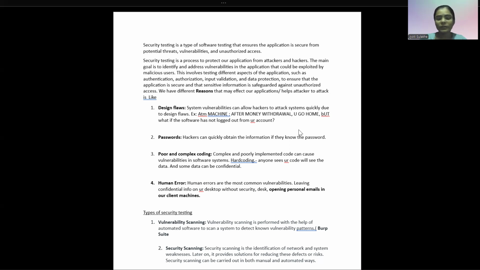Sometimes humans make mistakes, like opening personal emails on client machines or any other machine. These are common human errors, and they are another reason that helps hackers to attack.